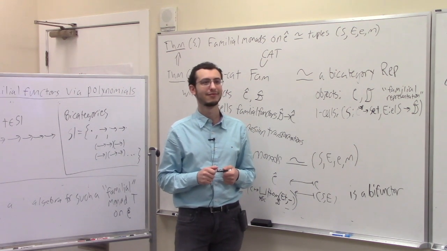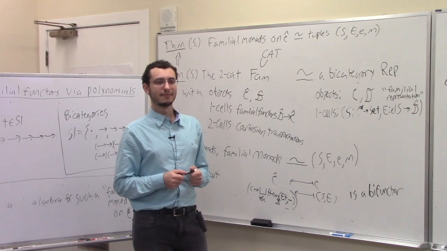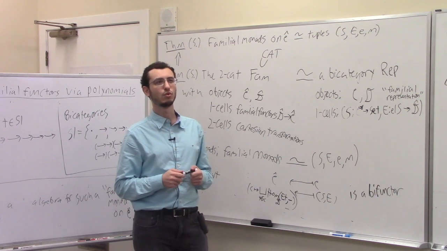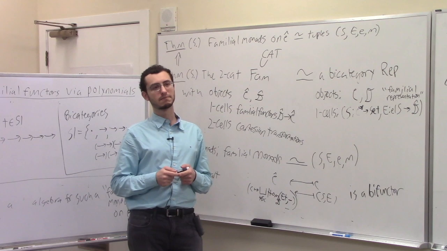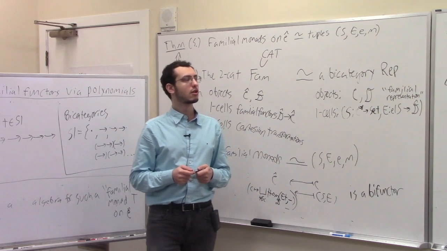I have two small questions, if I may. I don't know if anyone else is trying to ask questions there. But the first one is about familial. Does that come from the families that one uses for dependent type theory? Is this to be a source of families? I mean, where does the name familial come from?